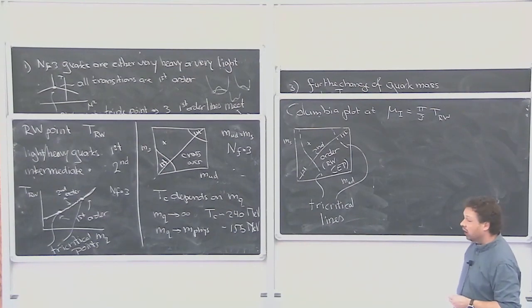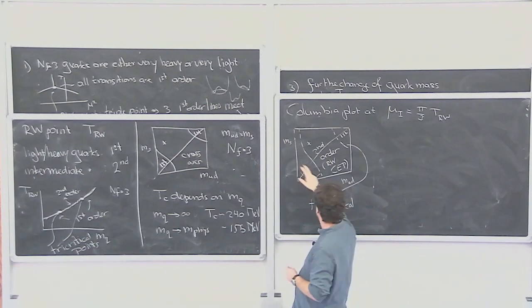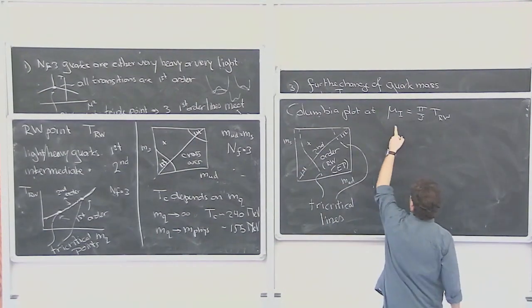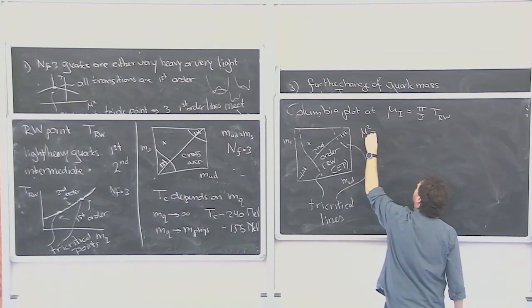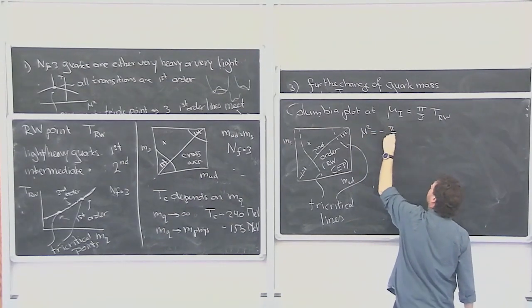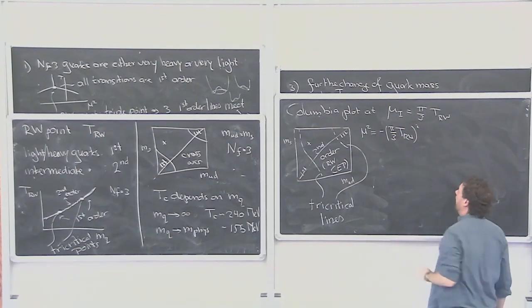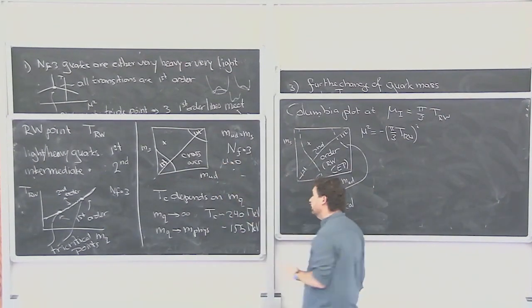Okay, so now I have two of these planes here in the space of the quark masses. This one is at mu squared equals minus pi over 3 T Roberge-Weiss squared, and we have the plane here at mu equals 0.